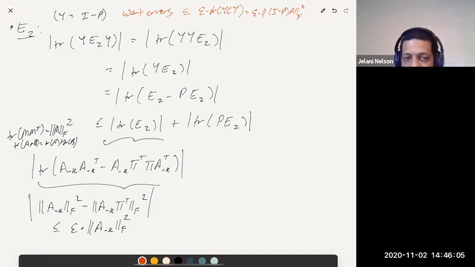Okay, so in particular, the norm of A minus K is only smaller than or equal to the norm you get by applying I minus P. So this is at most epsilon times the norm of I minus PA squared, which is just epsilon times the trace of YCY. So I'm happy with this part.